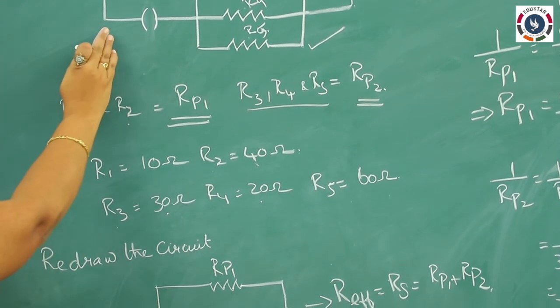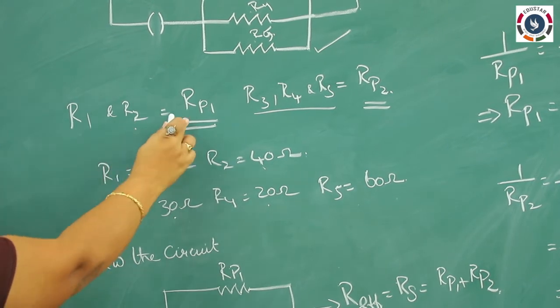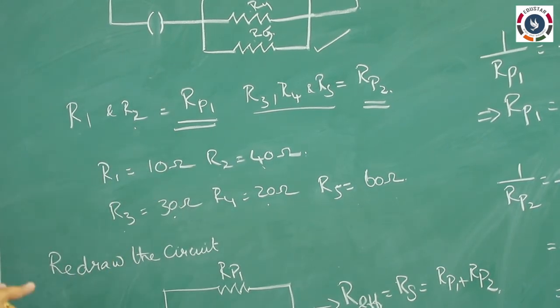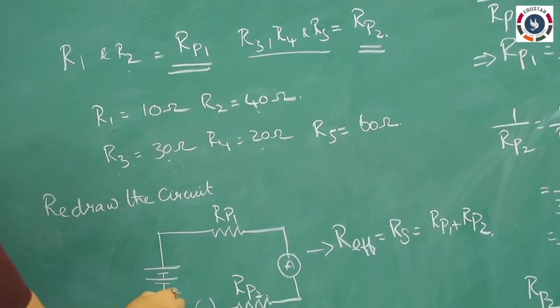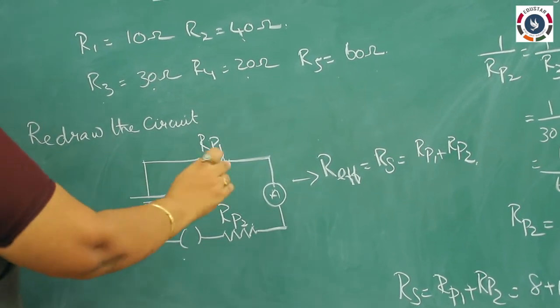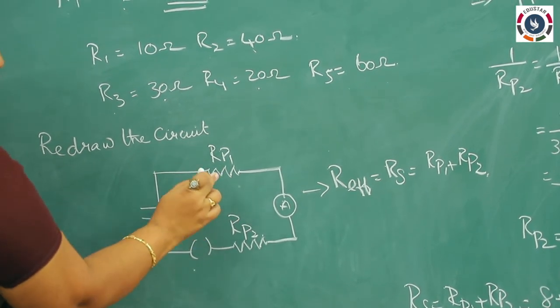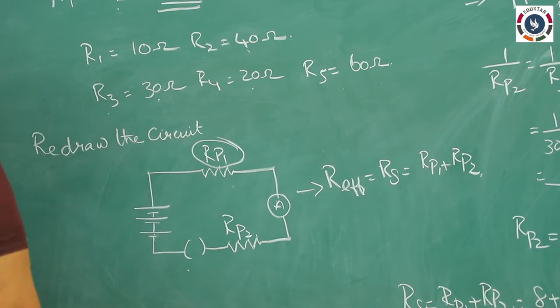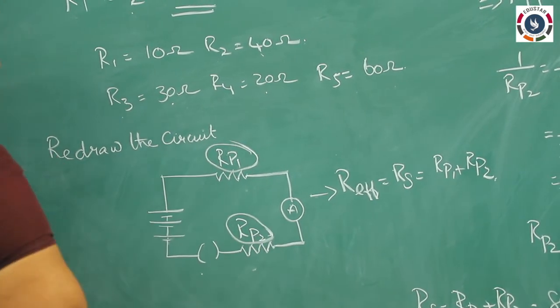Now I am going to redraw my circuit by replacing R1, R2 by RP1 and R3, R4, R5 by RP2. See the redrawn circuit: the same battery, same key, ammeter, everything is given. Instead of the combination of resistors here, I have placed RP1. Instead of the combination of 3 resistors here, I have placed RP2.